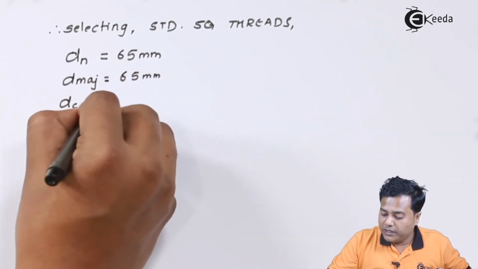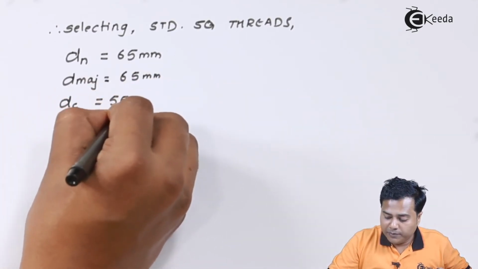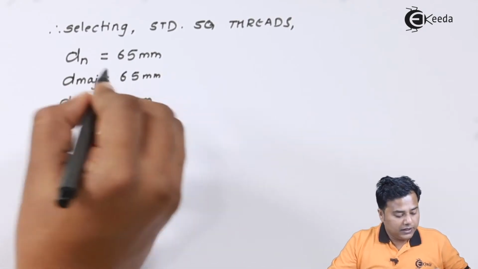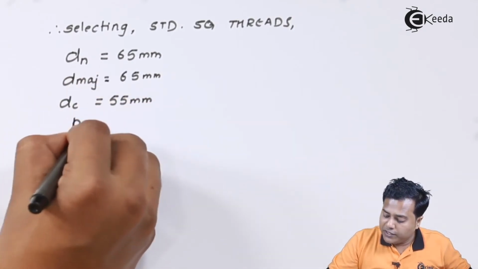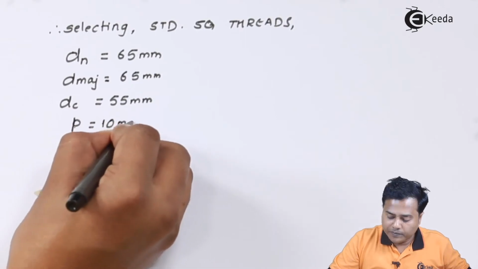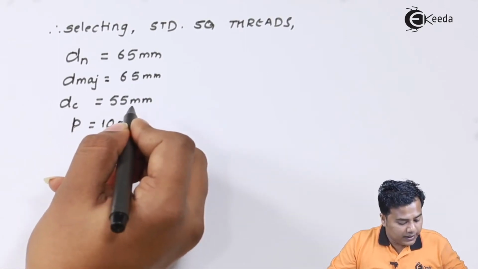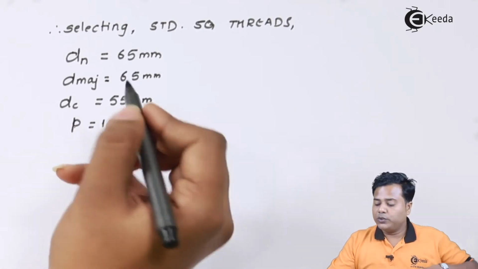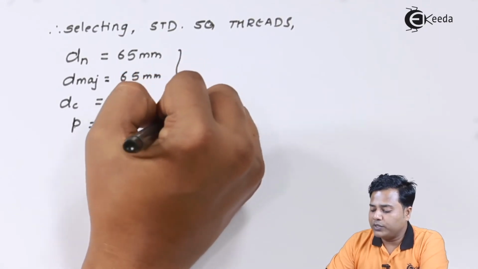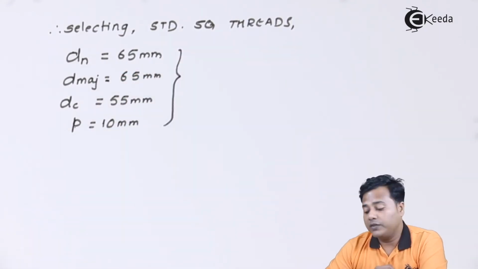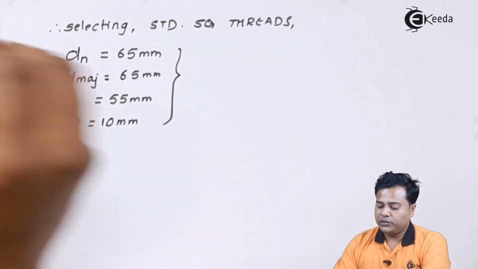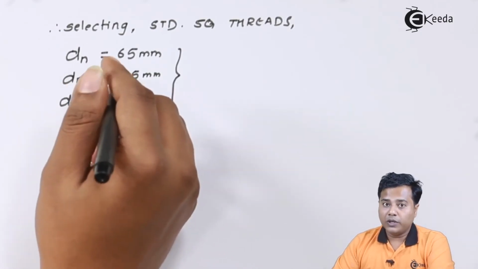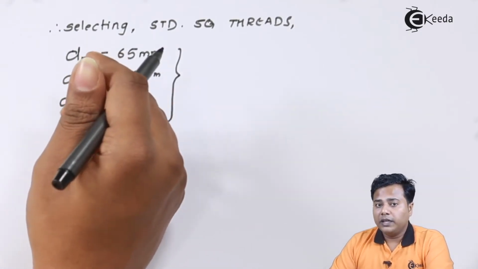So the core diameter is 55 millimeter. Along with which there are some standard values like pitch is 10 millimeter. And the next value that they have given is of no use to us. So these are the major parameters that we need to select from the given series, and which are selected by us. So with this dimension, let us move ahead for finding out the remaining parameters.